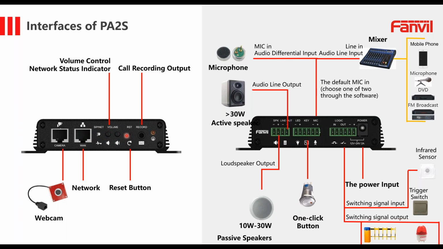And this is how it works, and you can manually control the volume buttons here, where you can turn the volume up and down depending on how you want to do it. And you can use the speaker line output here to drive either an active speaker or passive speakers moving forward. In addition to logic, this is the real difference between the PA2 and the PA3: the PA2 contains logic that enables you to power on a signal, use a trigger switch that you can push a button and automatically open a door or a gate, etc. Or you can use it to do an alarm lamp.